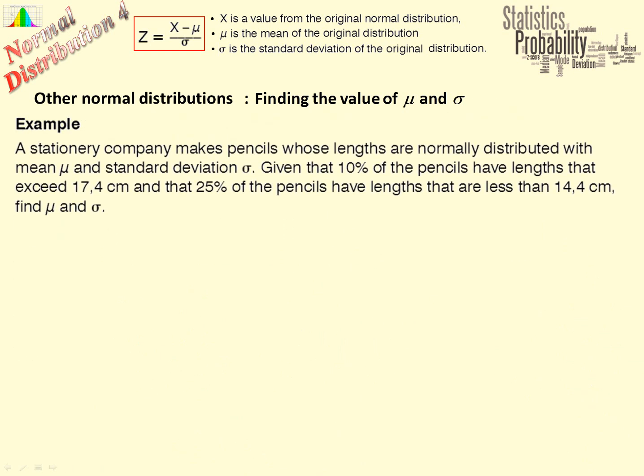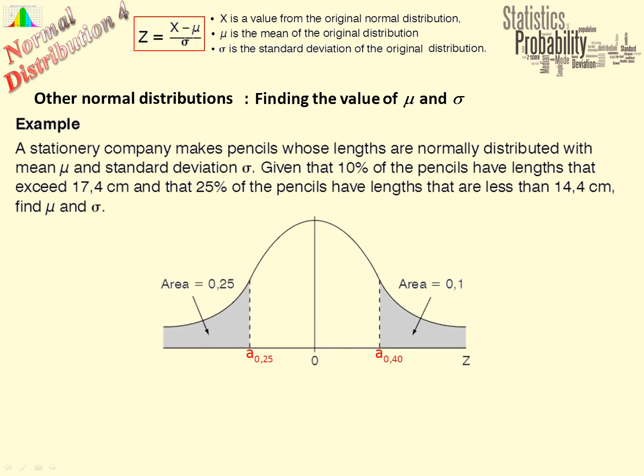A stationery company makes pencils whose lengths are normally distributed with the mean mu and standard deviation sigma. Given that 10% of the pencils have lengths that exceed 17.4 centimeters and 25% have lengths that are less than 14.4 centimeters.